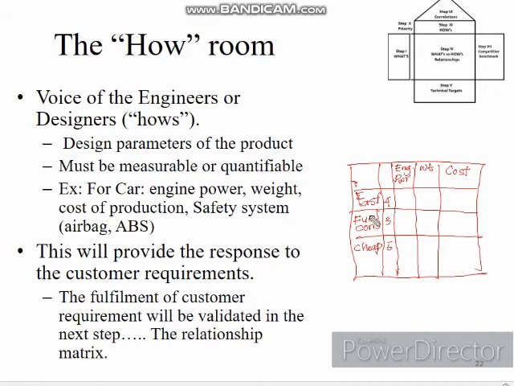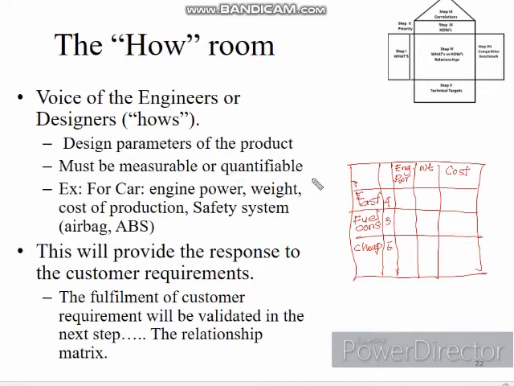Then next, we're going to look at the how room. The how room is the voice of the engineers or designers on how you make that particular product. Over here, you have to list down the design parameters of the product, and these must be measurable or quantifiable.